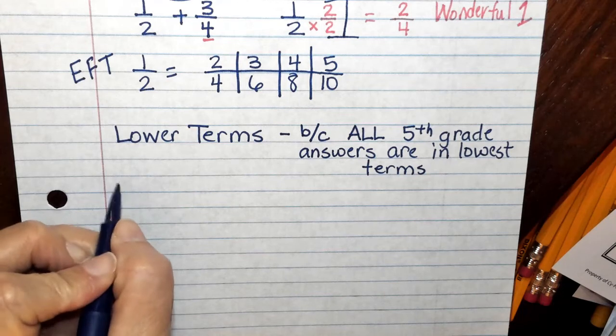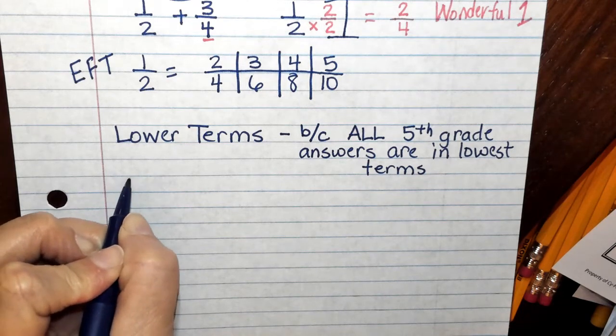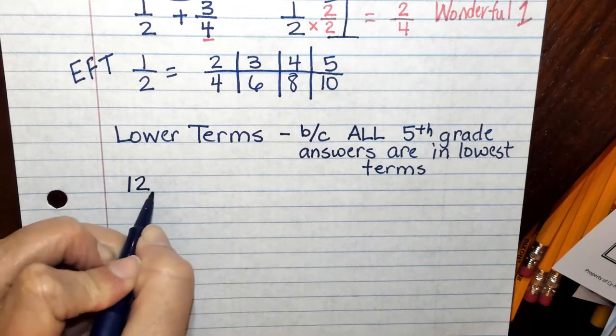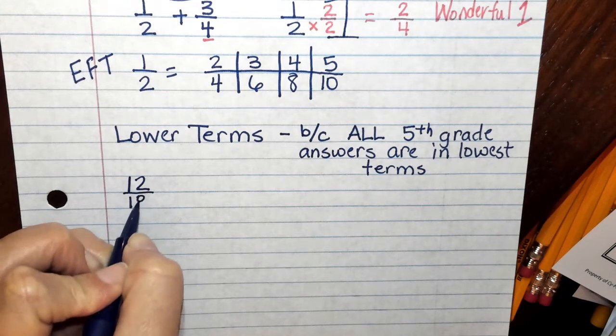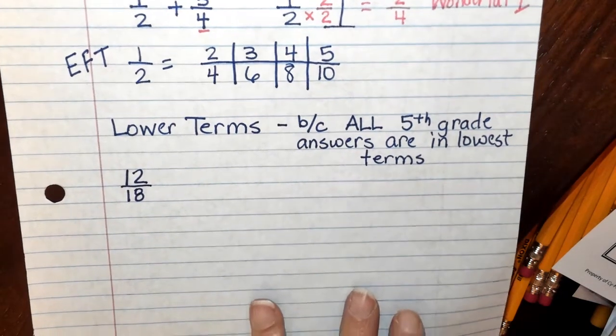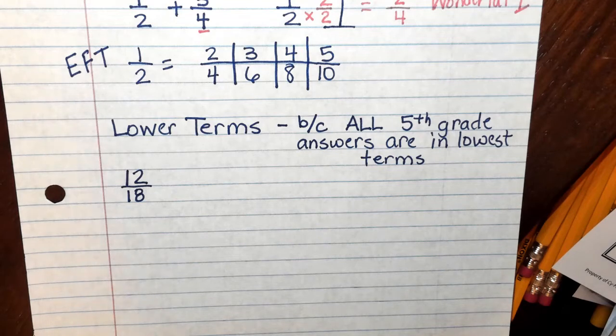So one thing that we did last week was we took the fraction 12/18. And we said first that 12 was kind of high and so was 18. And we thought that there was probably another name for this fraction amount.